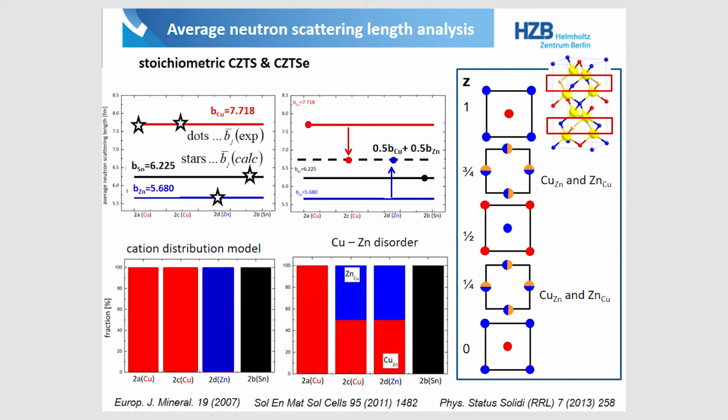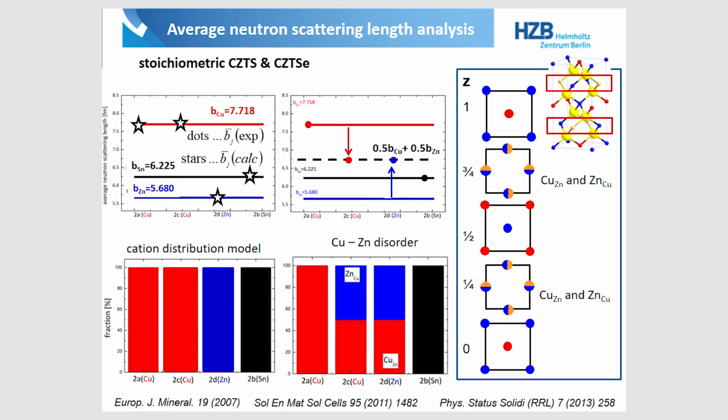You always have that in these planes. So in these layers, this layer and this layer in the crystal structure, you have a lot of antisites, and you have a disordered distribution of copper and zinc.